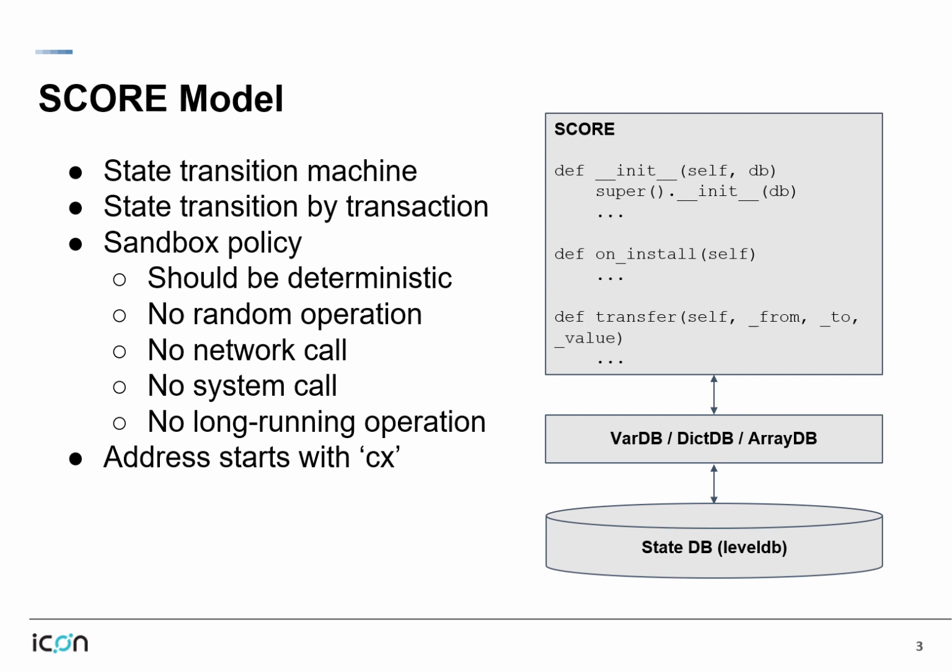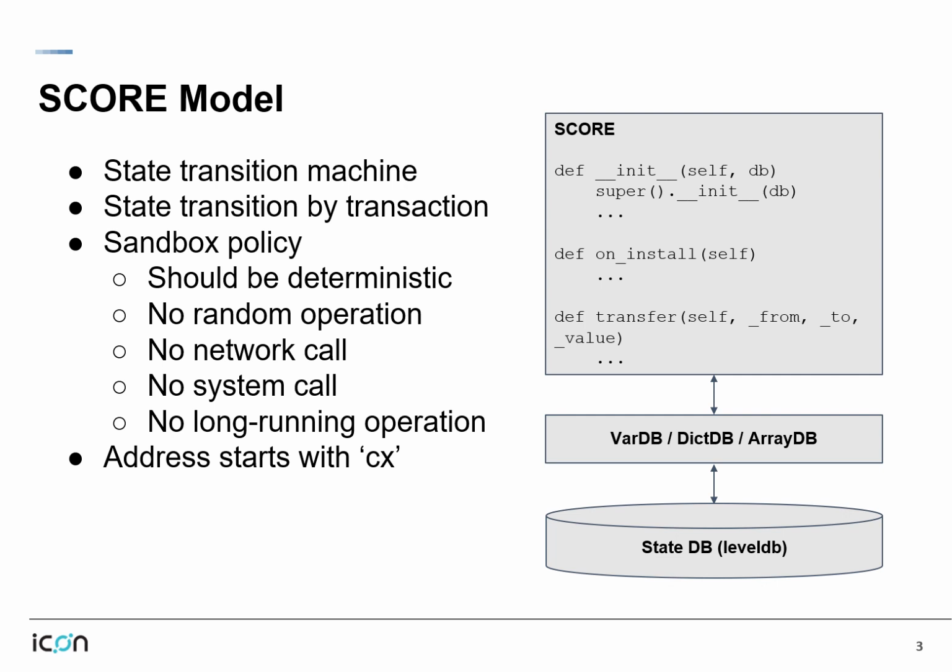Therefore, you cannot use a random operation like using a random function, cannot make a network call that may get a different result depending on the connection, and also cannot make a system call whose result may also differ between nodes. Also, you cannot do long-running operations in Score that may prevent forming consensus between nodes. These sandbox policies should be obeyed by every Score programmer.